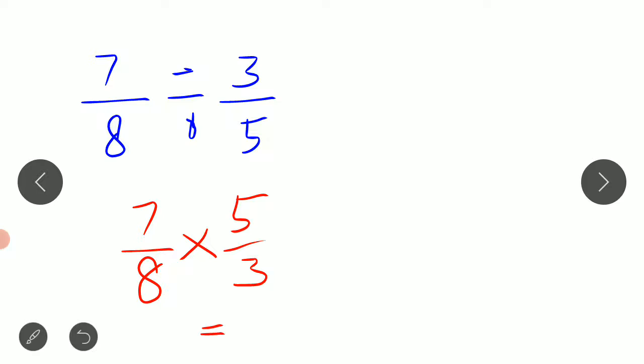So 7 fives are 35 by 8 threes are 24. That's all. We cannot simplify further, and since it is an improper fraction, we can change it into mixed form. Like that we can simplify.